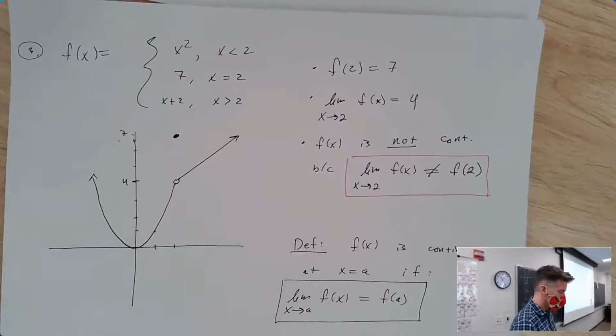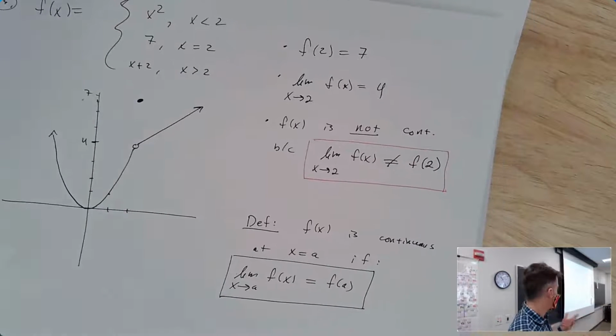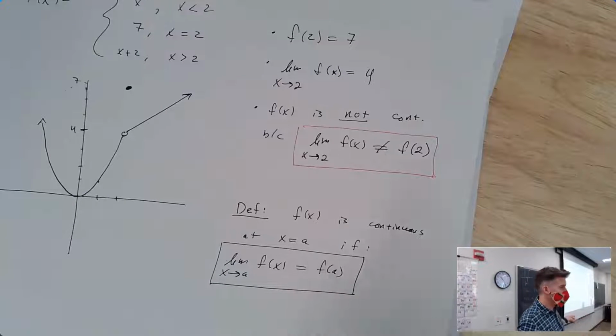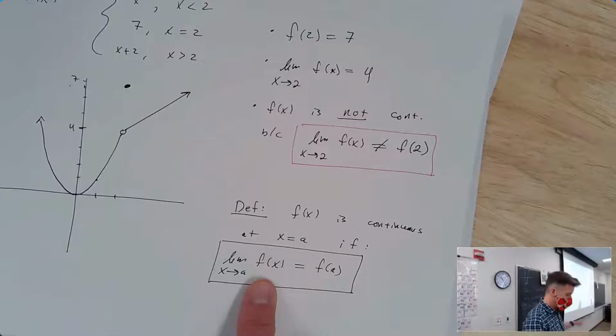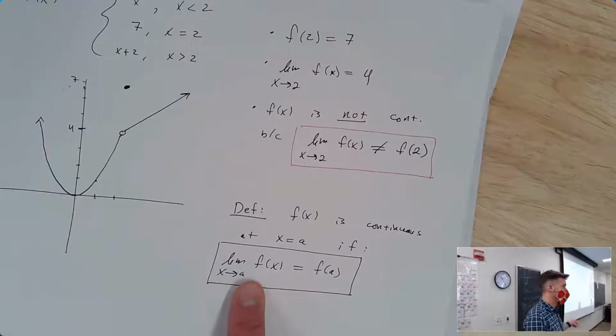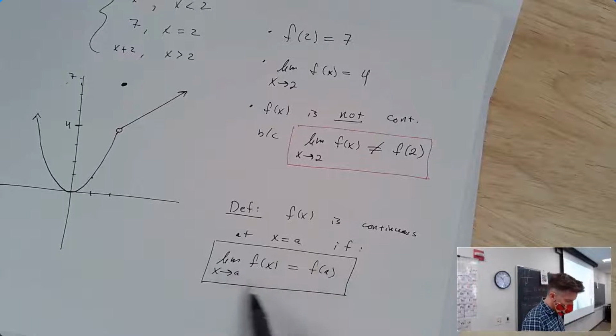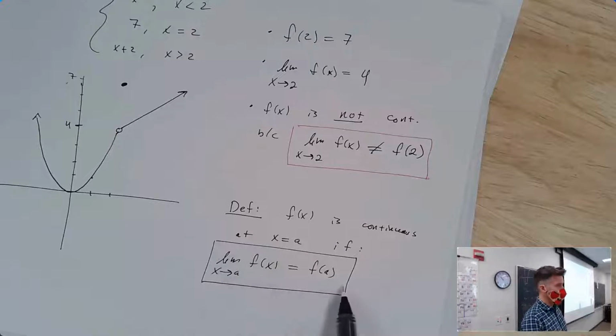That's the whole deal. Usually we break it down into 3 things to check. We check that f of a exists. If it doesn't, it can't be continuous because it has to exist to be able to equal something else. We check that the limit exists. If it doesn't, it can't be continuous. And then lastly, we check to make sure they're the same, which really, again, is all contained in this, right? Because if either one of these sides don't exist, they can't be equal to each other.